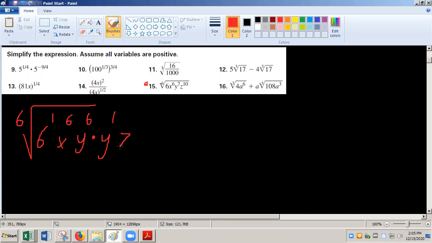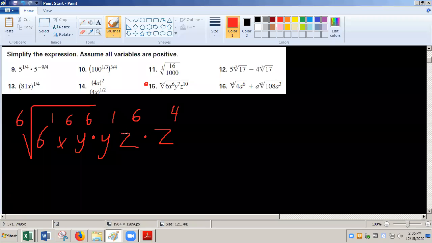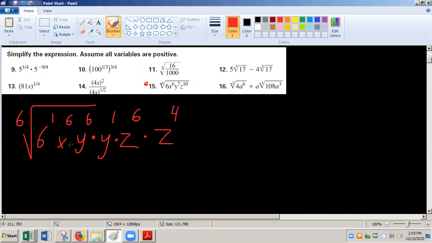And then I also have z to the 10, so I'm going to say z to the 6th times z to the 4. Let me throw my multiplication signs in between here just to help differentiate a bit. When I'm looking at this problem, the only thing that can come out of this 6th root is something to the 6th degree, aka this one and this one.